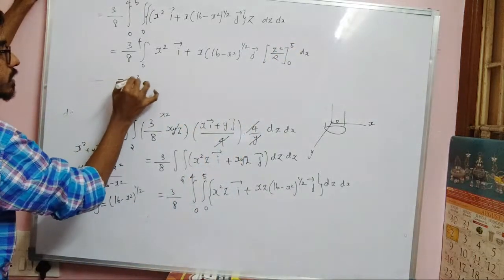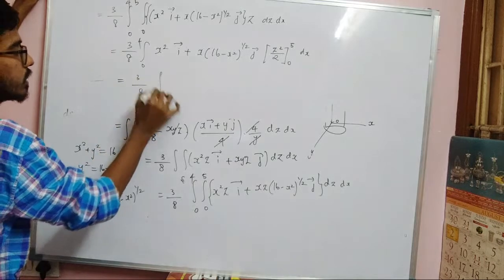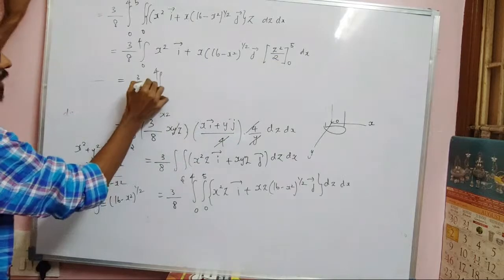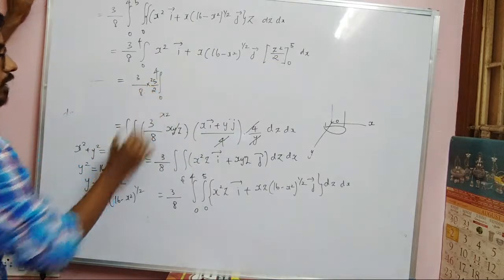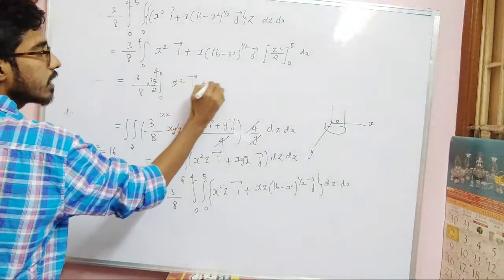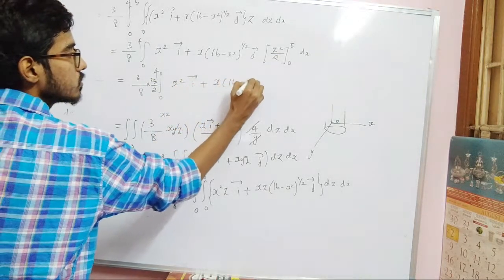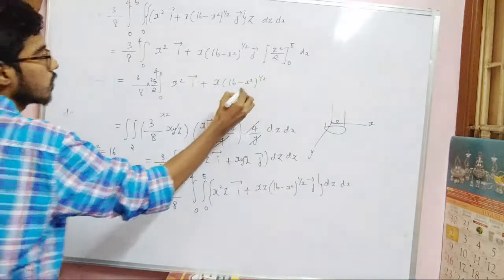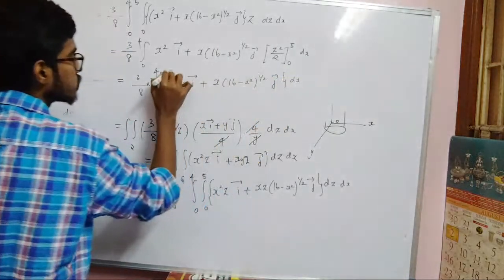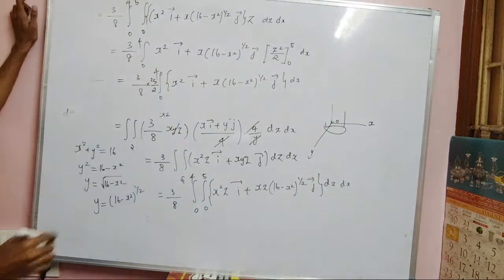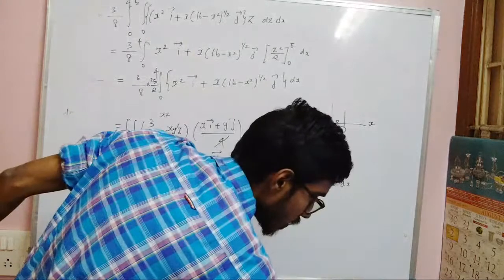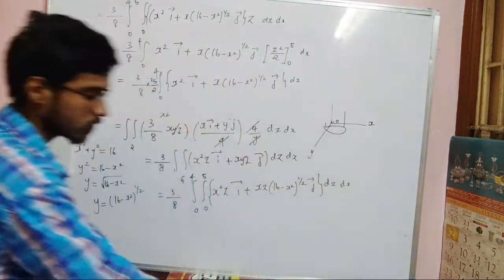So this will be 25 by 2, and I can take 25 by 2 outside. Then we need to integrate x square i vector plus x into 16 minus x square whole power 1 by 2 j vector into dx. We need to integrate this term and then substitute the upper limit and the lower limit. So we will do that.